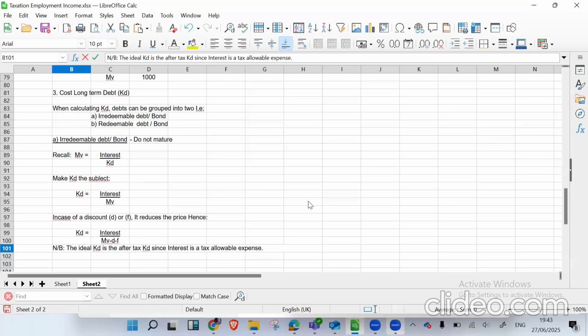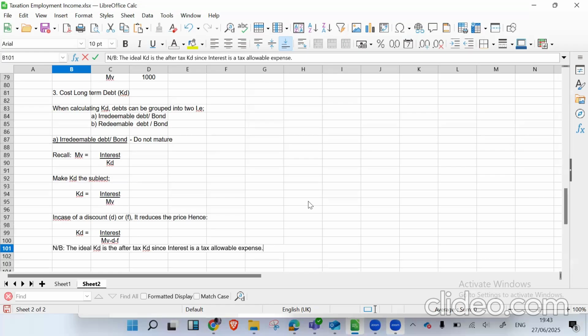Then you less interest to get profit before tax, then less tax. So the amount of interest that you less will affect the amount of tax that the company will pay.